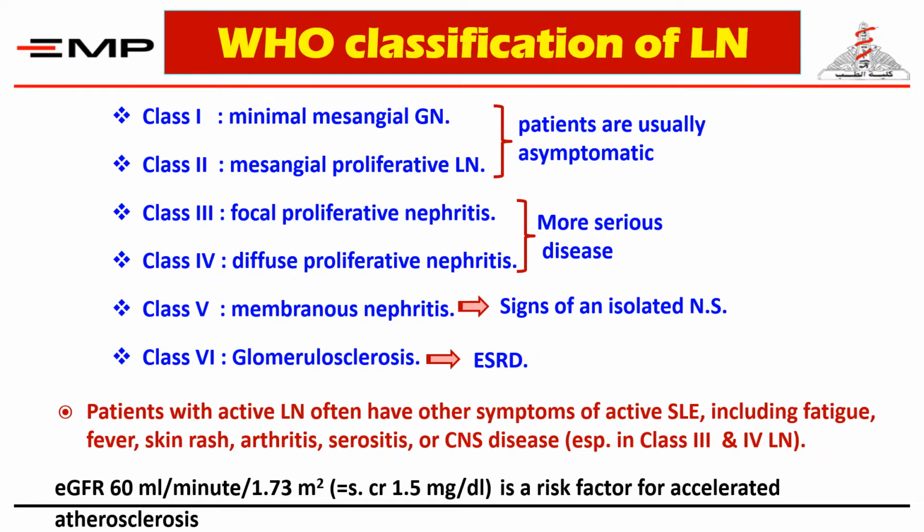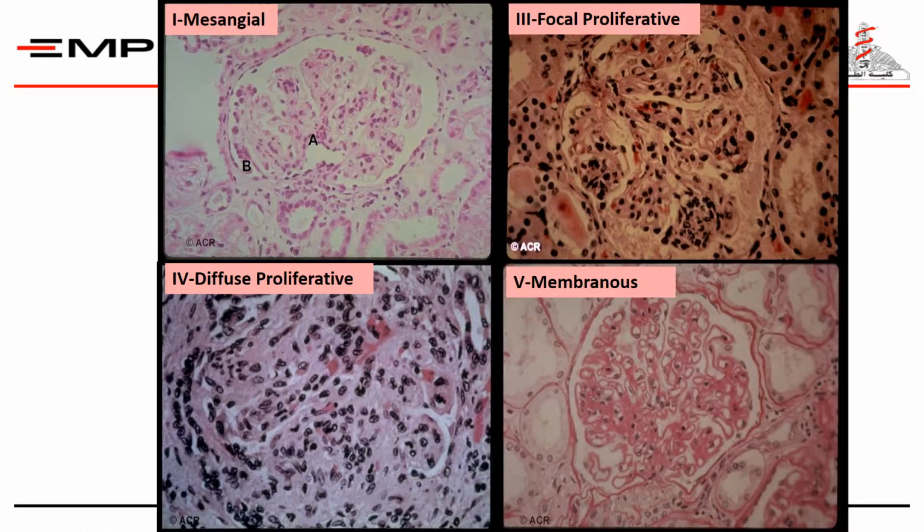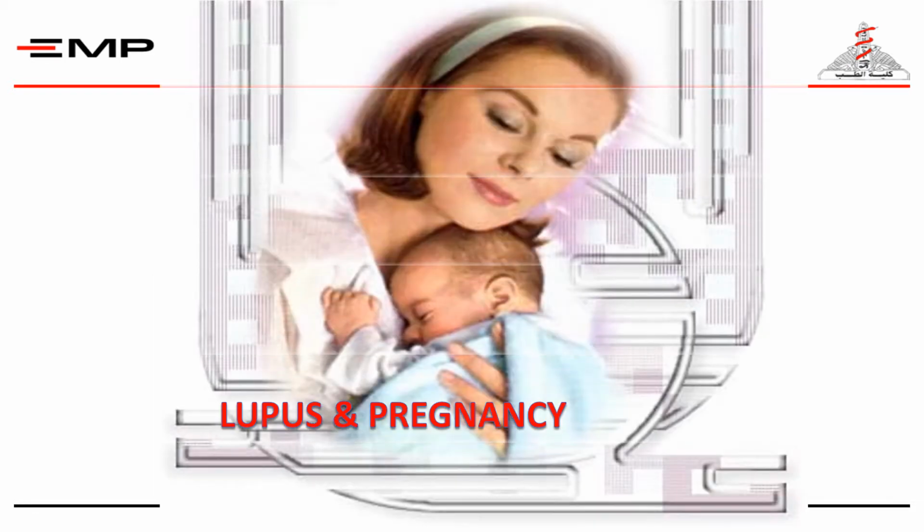An estimated glomerular filtration rate of 60 ml per minute per 1.73 m², or creatinine clearance of 1.5, is a risk factor for accelerated atherosclerosis, and this is very important to diagnose and monitor. These are the pictures of some classes of lupus nephritis.